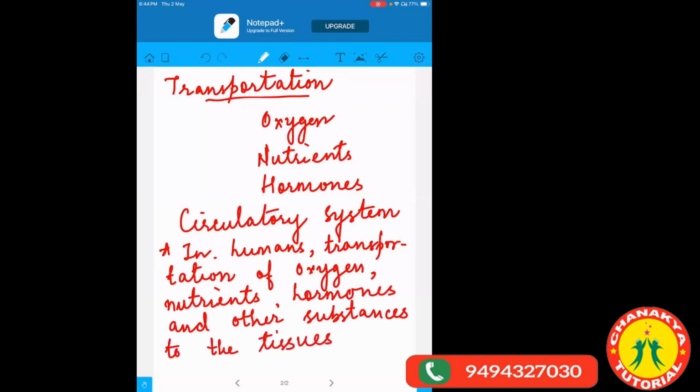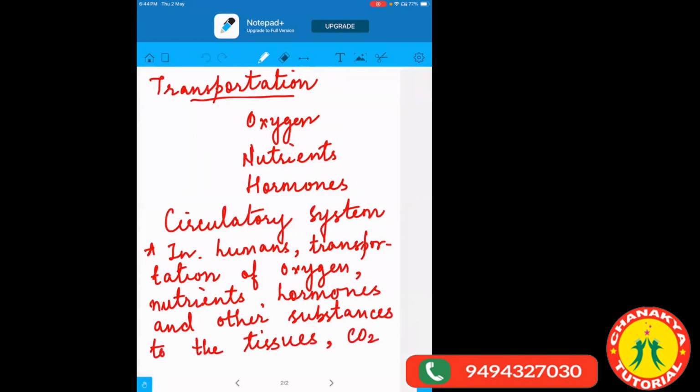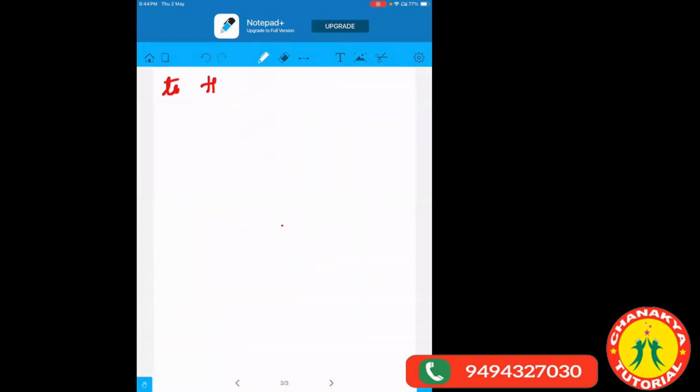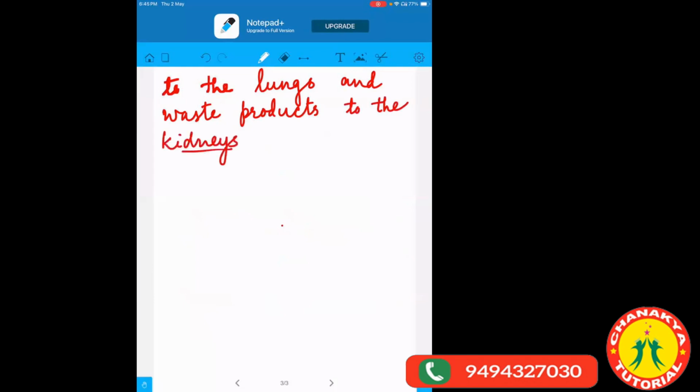CO2 goes to the lungs, and waste products have to be transported to the kidneys. So the oxygen, nutrients, and hormones go to the tissues, CO2 should go to the lungs, and the waste product should go to the kidney.